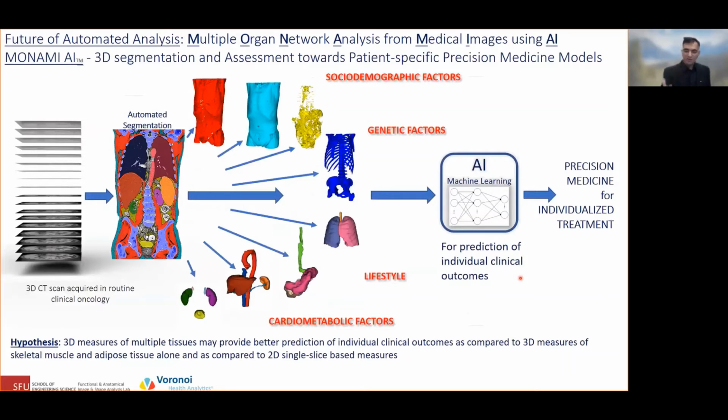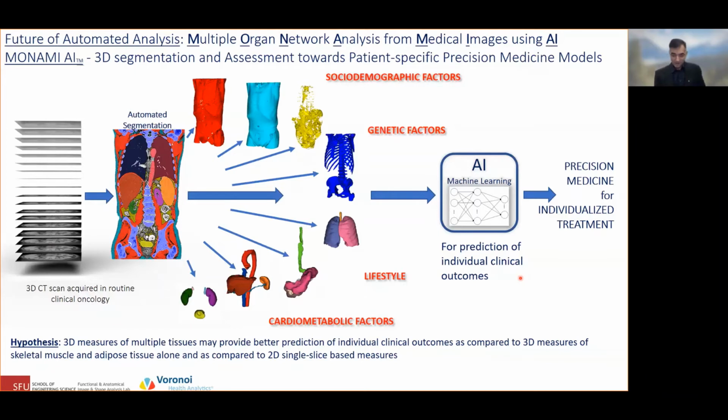Each of these organs can be measured in gory detail, the volumes and the tissue attenuations, along with socio-demographic factors, genetic factors, lifestyle, and cardiometabolic factors. All of these measures, the extended body composition, so to speak, can now be used in AI and machine learning to build very precise models for prediction of individual clinical outcomes. And this would help enable the goal of precision medicine for individualized treatment, the right dose, the right time for the right individual.